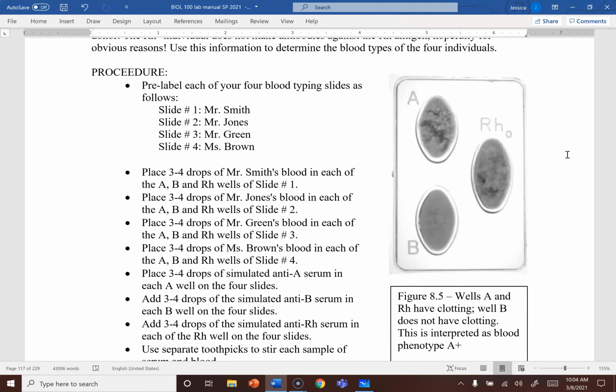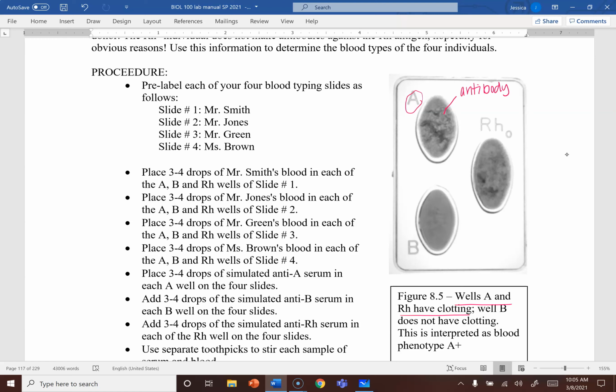And so if you add the A antibody to a type A and you get a reaction, if you have clotting, well, A and RH have clotting, that means that that is the blood type that you have. So if you get a clotting reaction for any of these, that means that you have that blood type.